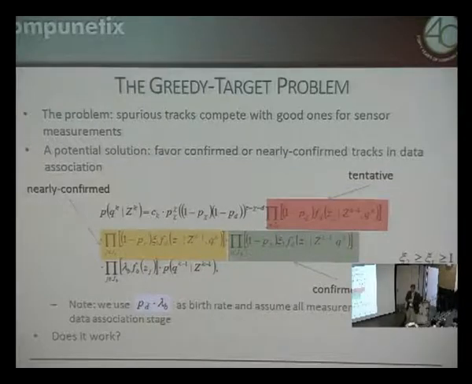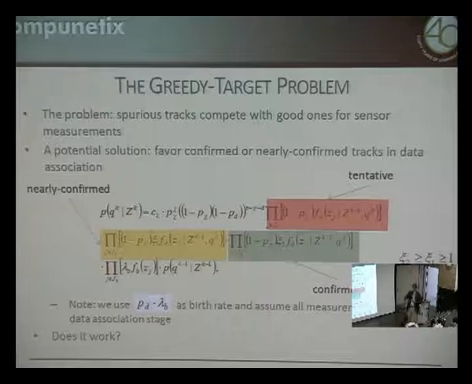For example, when there's a scan of incoming data, the data is made available to the high confidence tracks first, and those tracks, in an optimal way, select measurements, and then what's left is made available to the less strong tracks, the tentative tracks, and those grab what they want, and what's left is made available for new track formation. So that's a trick or an approximation that doesn't actually match what the theory says you should do.